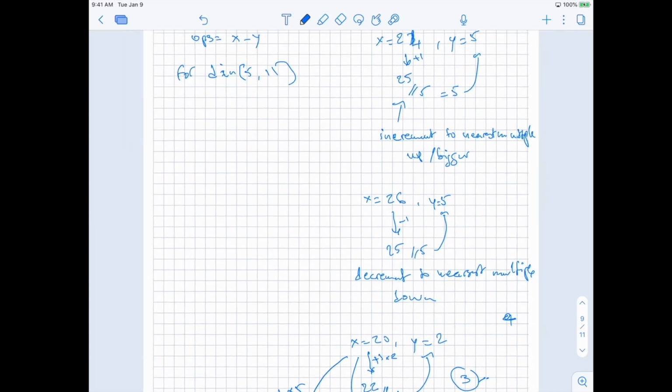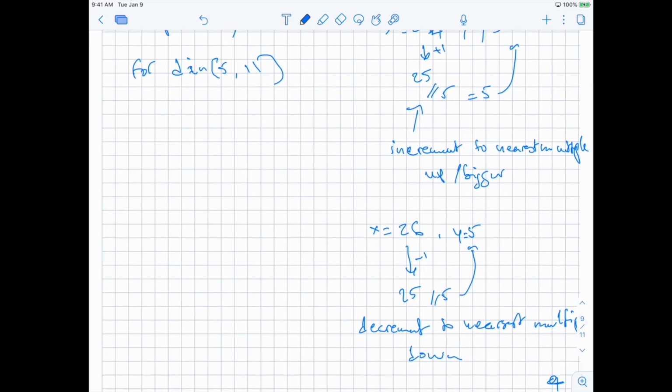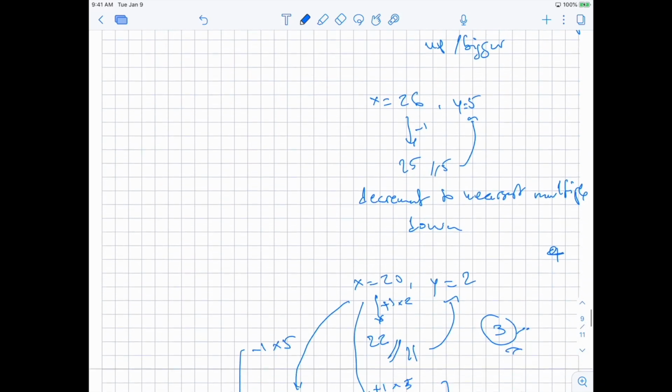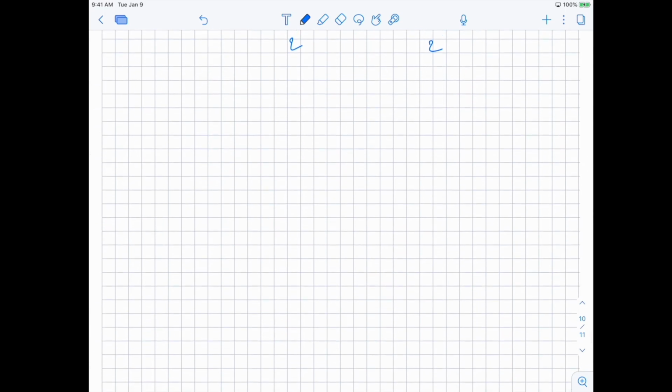Now, what are the substates for incrementing to the nearest multiple up and decrementing to the nearest multiple down? That's what we'll do next. So let's write that down. Let me actually do this below here. So we said operations is first x minus y, and then we need to go for the divider 5 or 11. Now we'll try both cases.